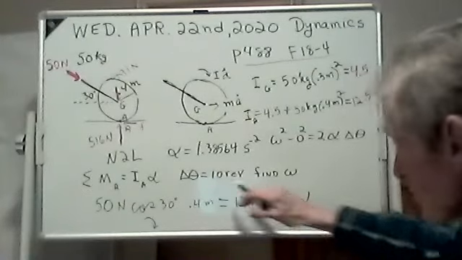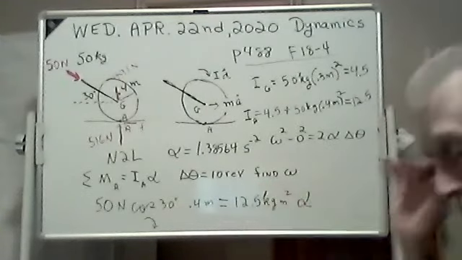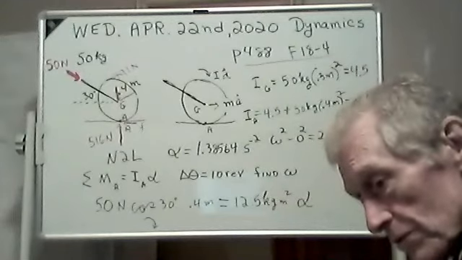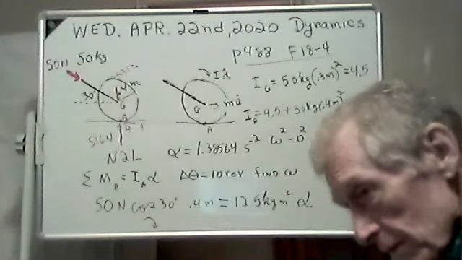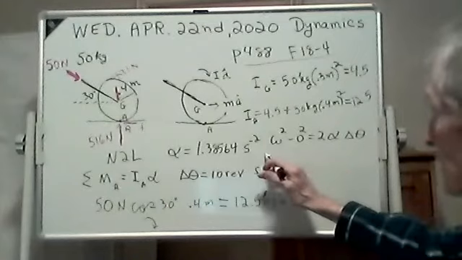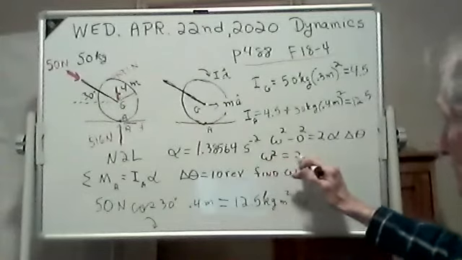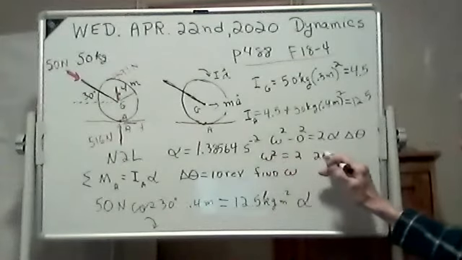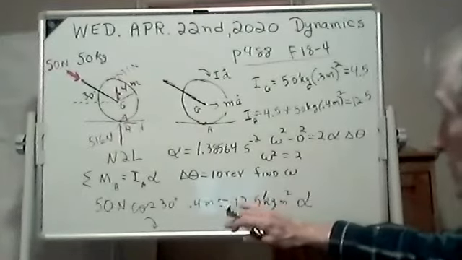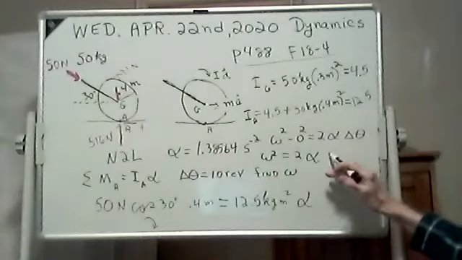But the catch is this has got to be in radians, not revolutions. A revolution is 2 pi radians, right? So wouldn't that be 20 pi? So omega squared is equal to 2 times alpha times 20 pi.